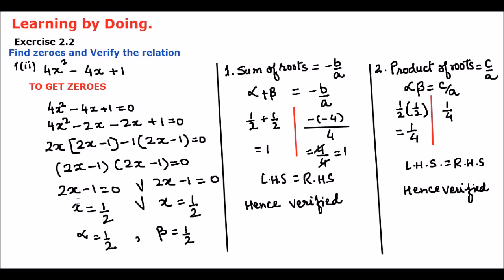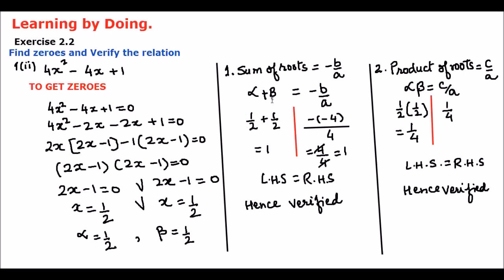If you put the first bracket equal to 0, you will get x is equal to 1 by 2, or x is equal to 1 by 2 from here also. That means both the zeros are the same. Alpha is also 1 by 2 and beta is also 1 by 2. Now let's find the relation and verify the formula that you have learned right now. Are they true?